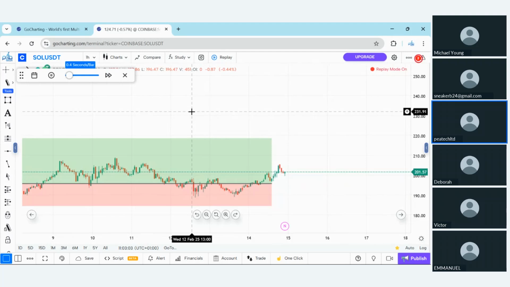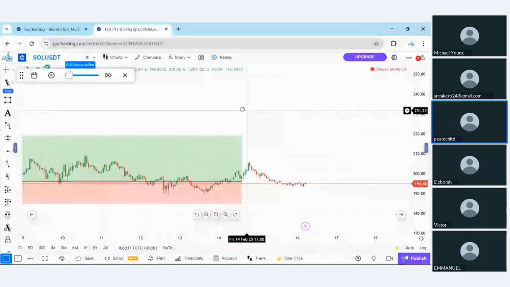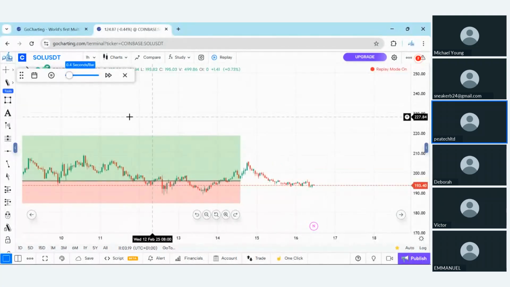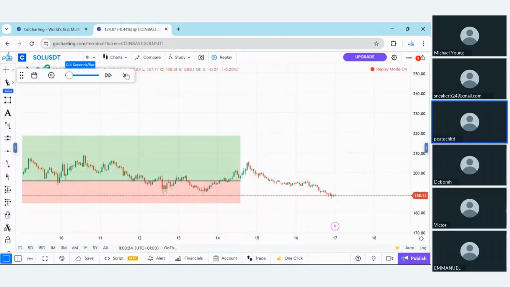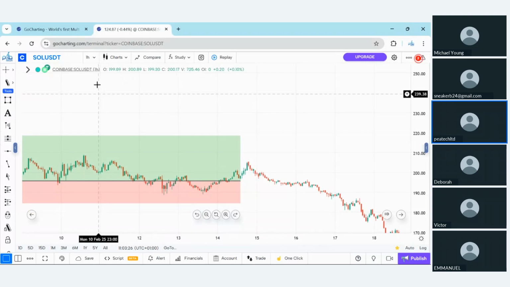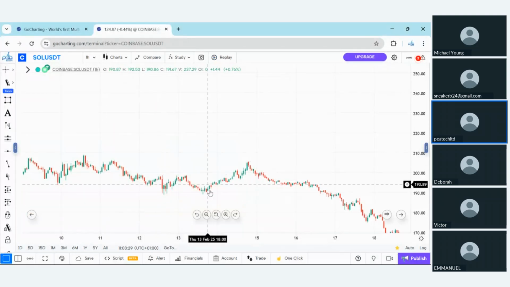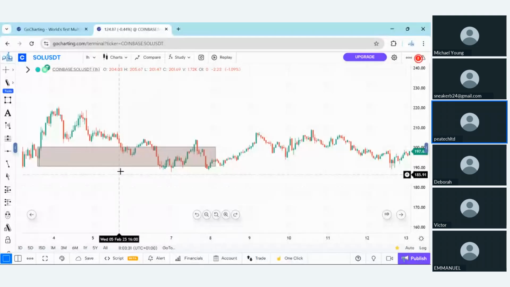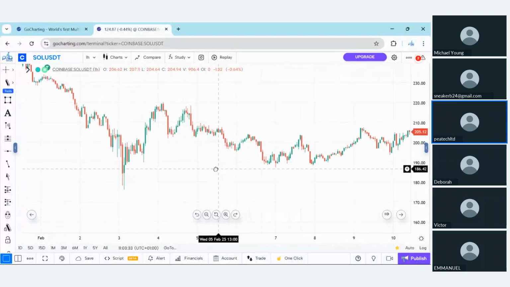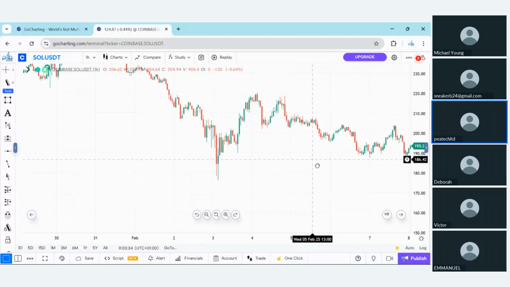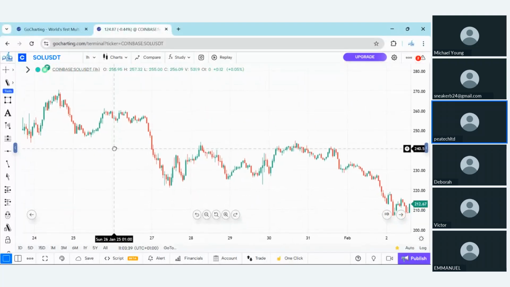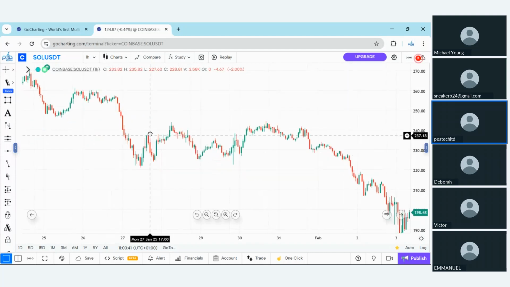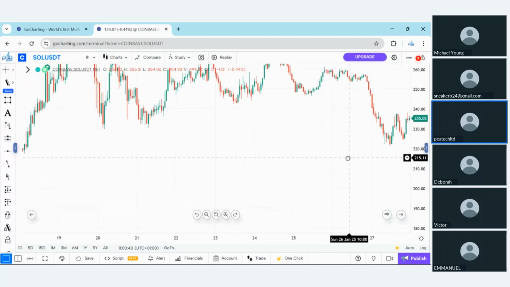So now we are going to look for another trade to give our example. Let's look at another supply and demand zone.